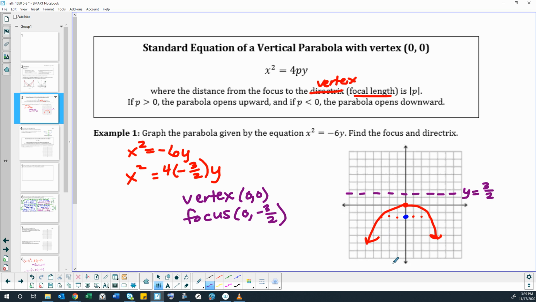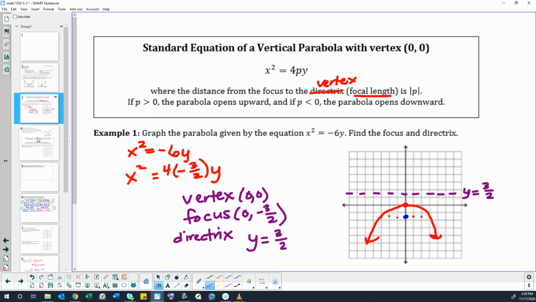So notice we have our axis of symmetry at 0, so that's why these numbers are both 0, but this is a distance of 3/2 away from each other, and this is going to be at negative 3/2 because of the negative in front of the 6 right here. Okay, and then our directrix was at y equals 3/2.